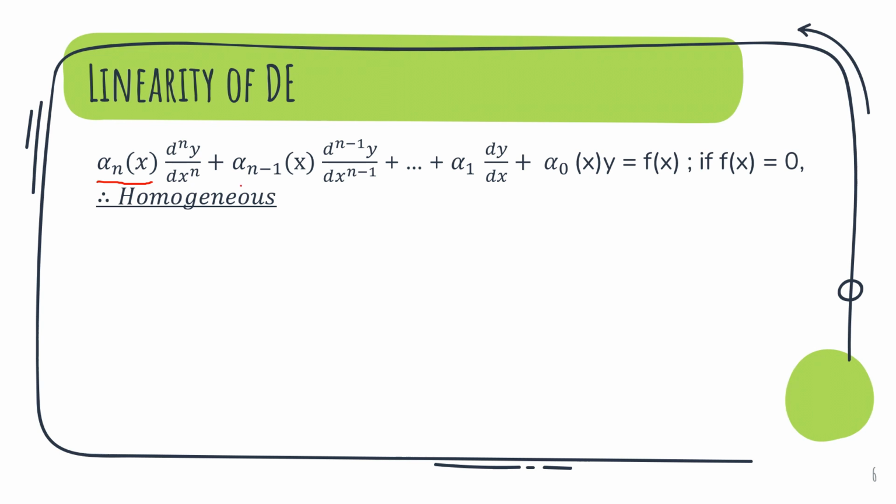So, basically, dito bumababa ang derivative niya, hanggang dumating siya or makarating tayo sa first order DE.